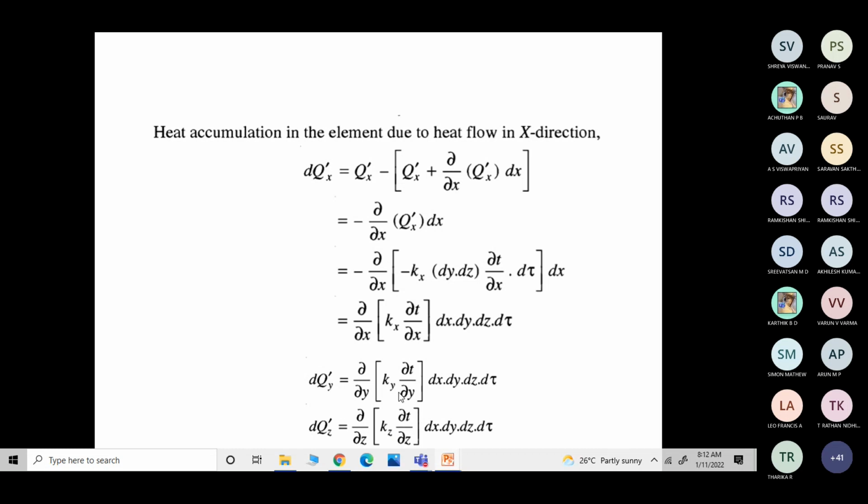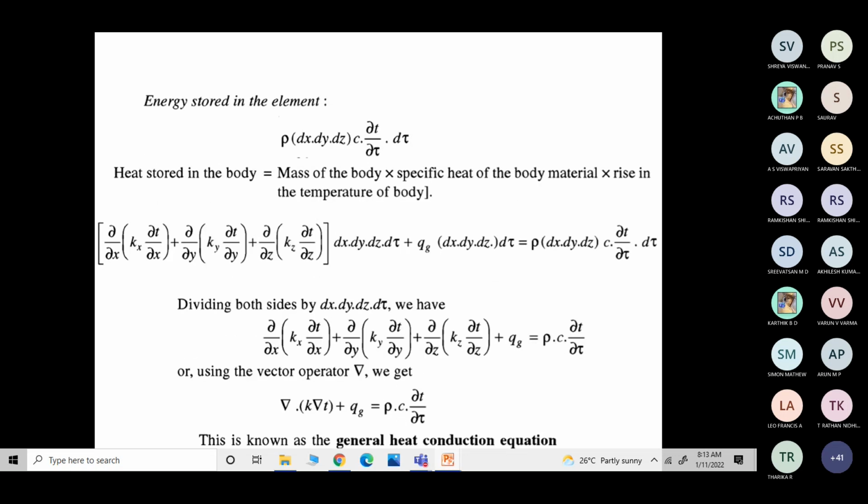Am I correct or not? ∂²T/∂x², ∂²T/∂y², ∂²T/∂z². When you multiply this with this, the equation will be of this form.